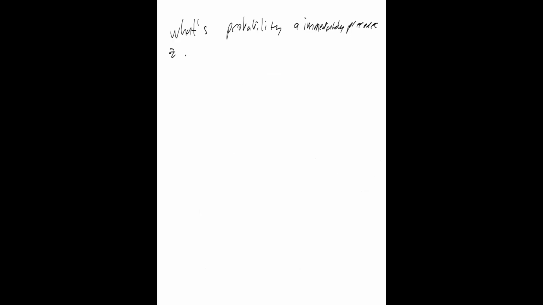So in other words, what's the probability that the string AZ, like Arizona, is going to happen in the output? 6.5. Well, that's close, but it's a little too small though.